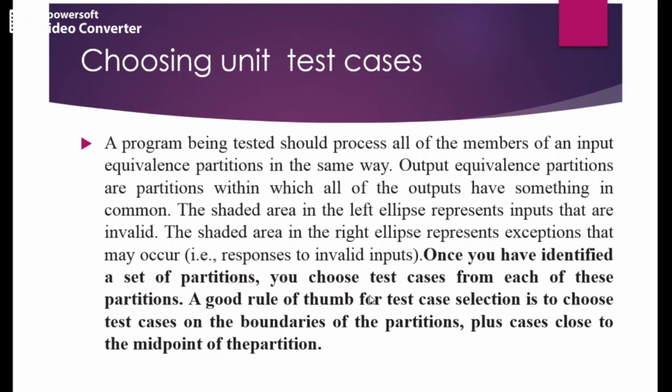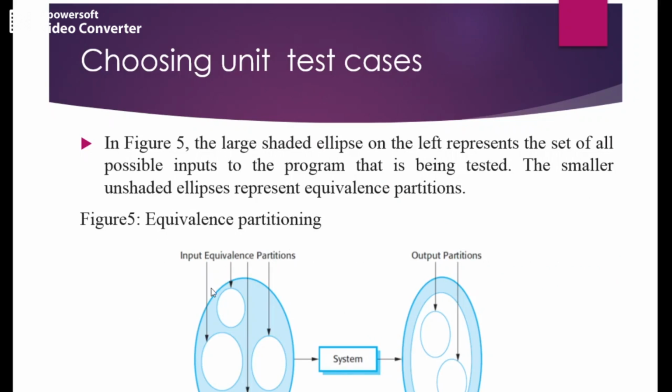Then you have to choose test cases from each of these partitions. So I'll take the first test case for this group. Next test case for this equivalence partition, which might be the positive group. So I will take a test case for positive numbers first. This might be negative numbers, so I'll build a test case for negative numbers.